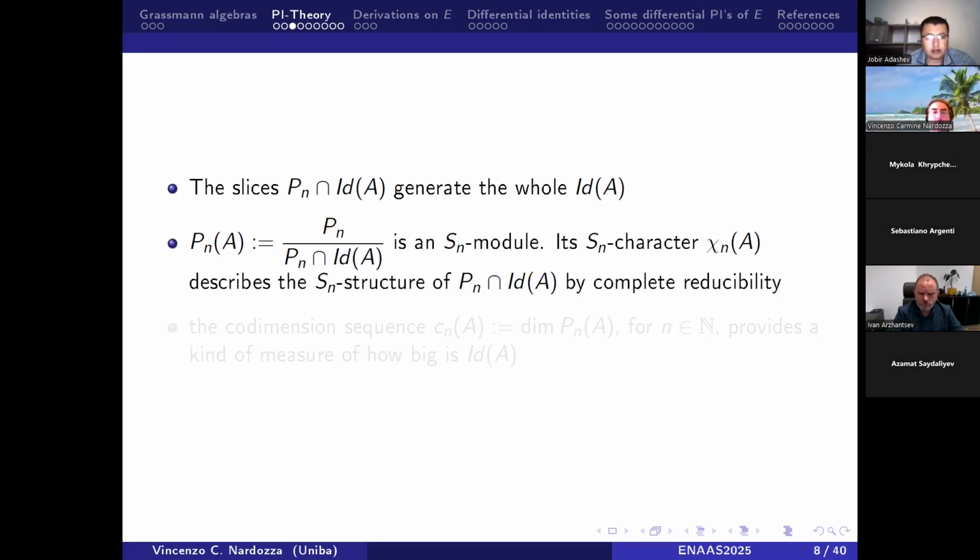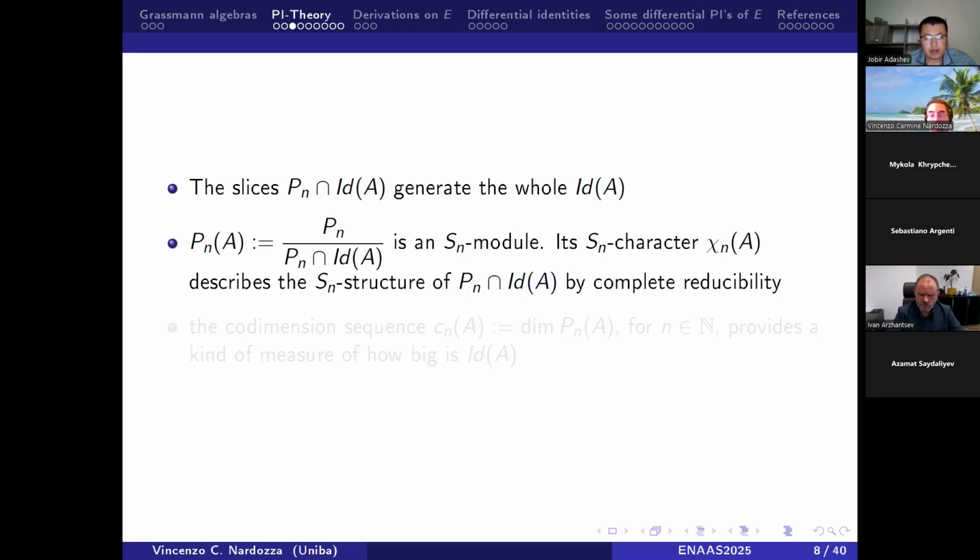Moreover, this vector space, factoring out the multilinear polynomials of degree n by those which are in the T-ideal of A, the identities of A, is not just a vector space, but is an Sn-module.